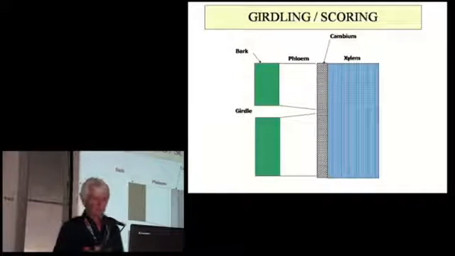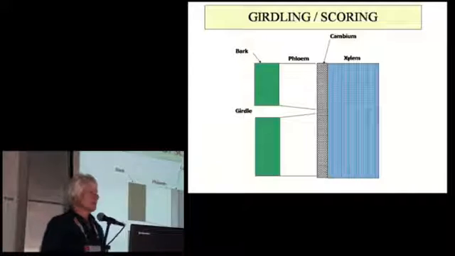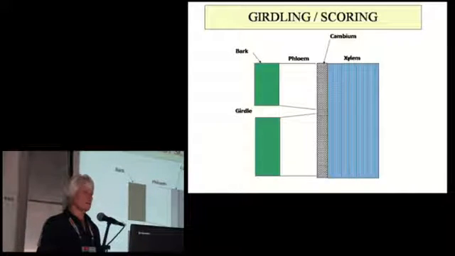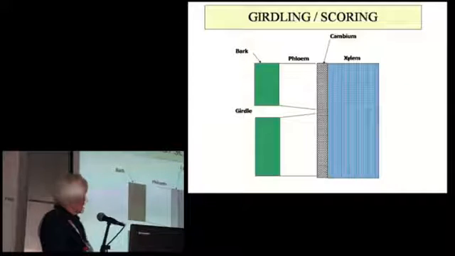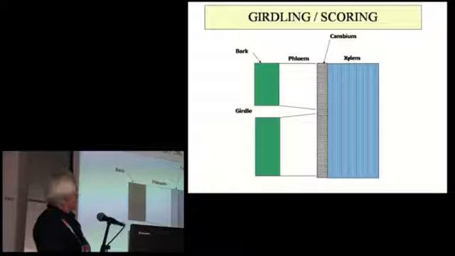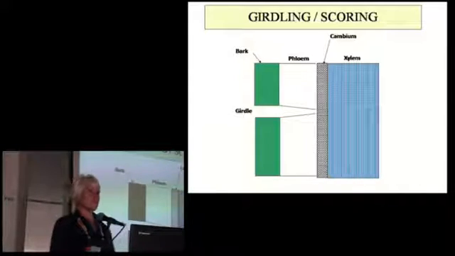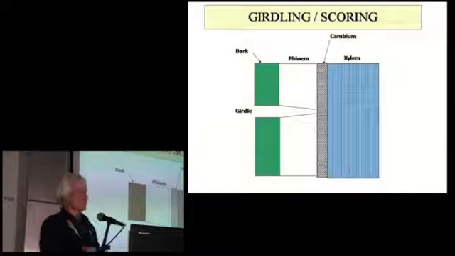Okay, then I mentioned girdling as a way of reducing shoot growth. What we do here, and this is just a schematic representation, we cut through, make a girdle or cut through the bark and the phloem into the cambium of the tree, and I know we actually do cut sometimes into the young xylem as well.